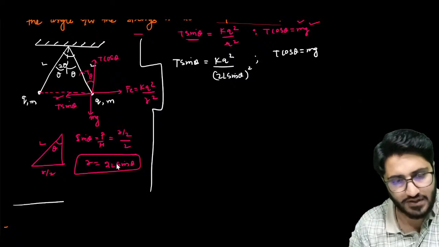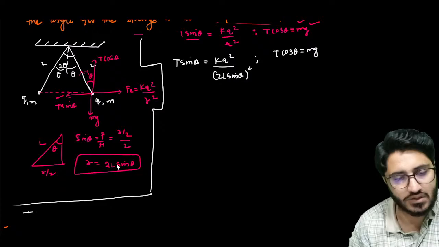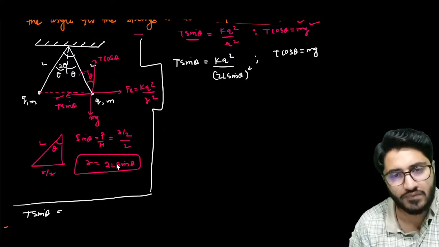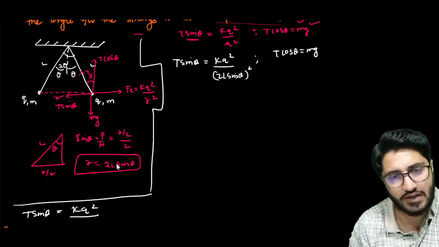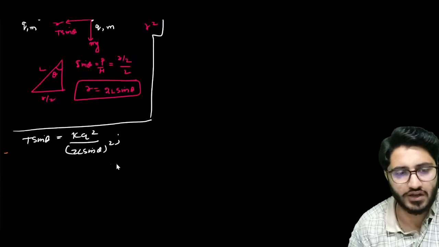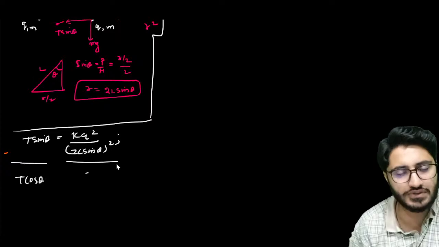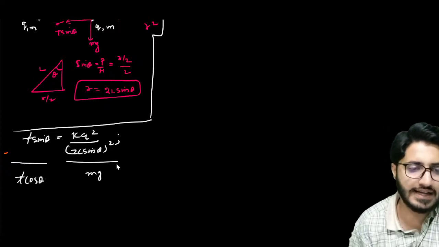So I have two equations now. T sin theta equals KQ square divided by 2L sin theta whole square. Now divide with T cos theta, which is equal to mg. Look, T cancels out, just tan.